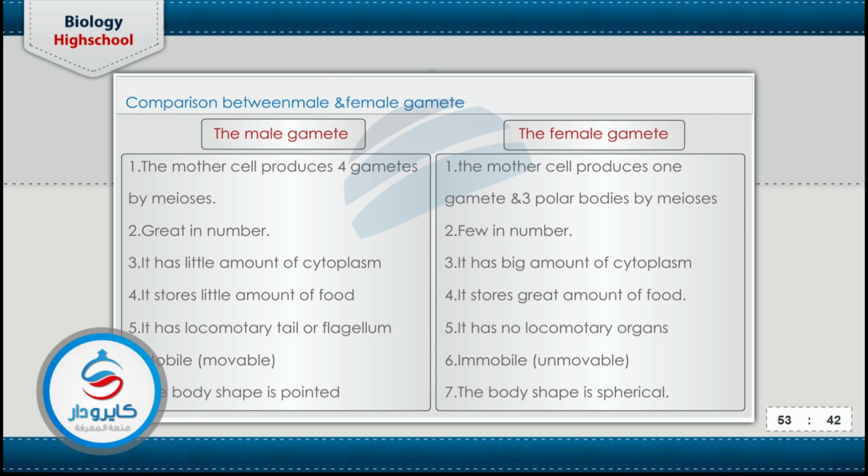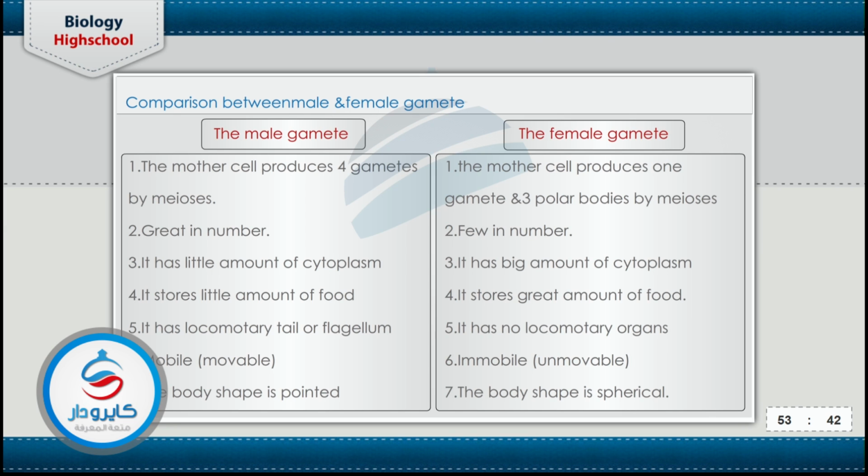The male gamete is small because it can move by the presence of locomotory organs, but the big female gamete contains the embryo during fertilization. It acts as a big gamete and can't move from place to place like the sperm or male gamete.